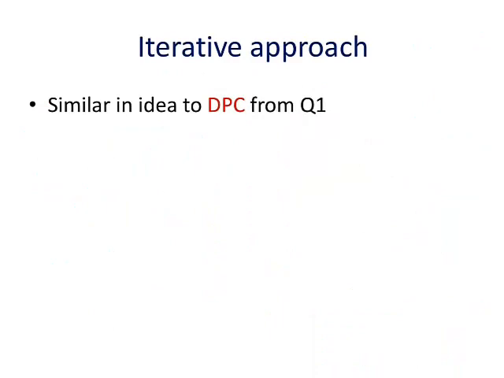And so, as you can probably imagine, solving such an equation algebraically can get quite difficult. And so what I'd like to show you right now is an iterative approach that you can use to solve this, which is similar in idea and virtue to the distributed power control algorithm that we saw in Q1.